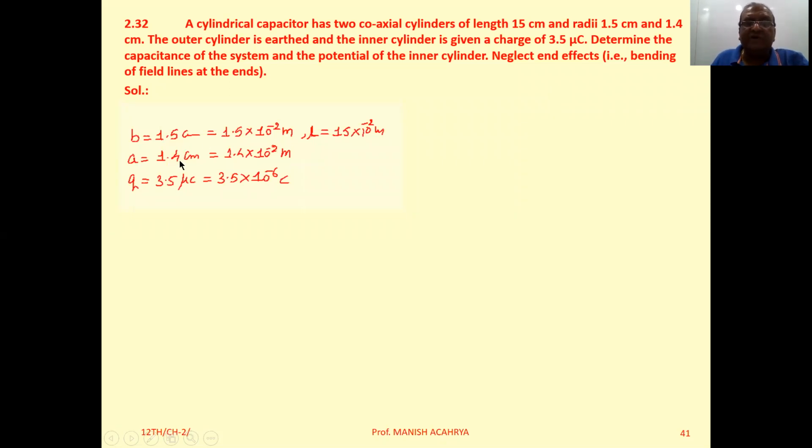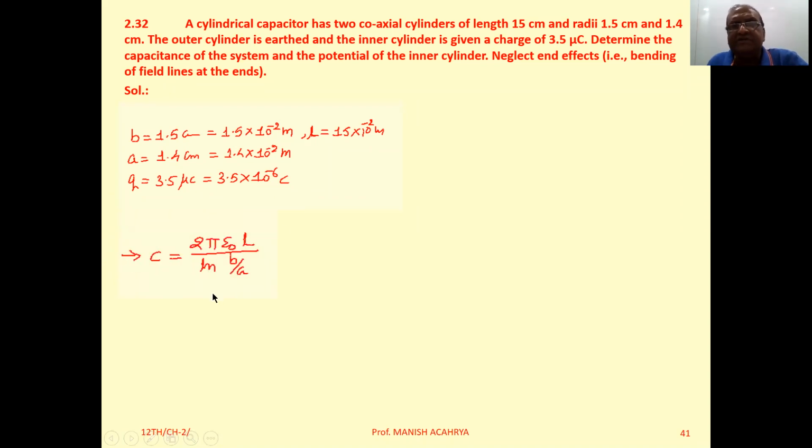Inner radius A is 1.4 centimeter, that is 1.4 into 10 raised to minus 2 meter, for these two coaxial cylinders which form the cylindrical capacitor. The length of the cylinder is 15 into 10 raised to minus 2 meter. Now the charge given to the capacitor is 3.5 microcoulomb, that is 3.5 into 10 raised to minus 6 coulomb.